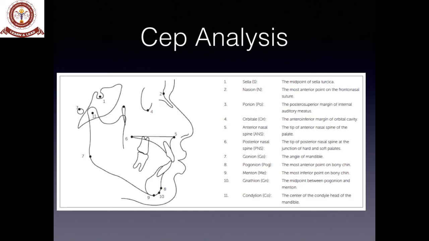So various angles can be measured. As I told you, there are various cephalometric analysis techniques available. Most commonly, we will be using the Burstone and the Steiner's analysis. Let us go into the cephalometric analysis.